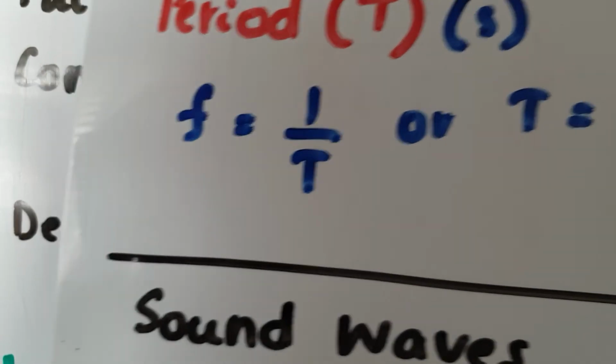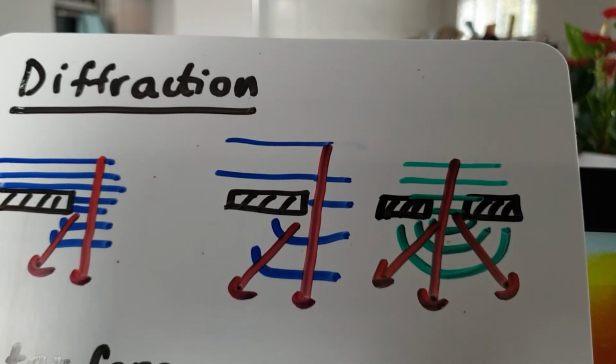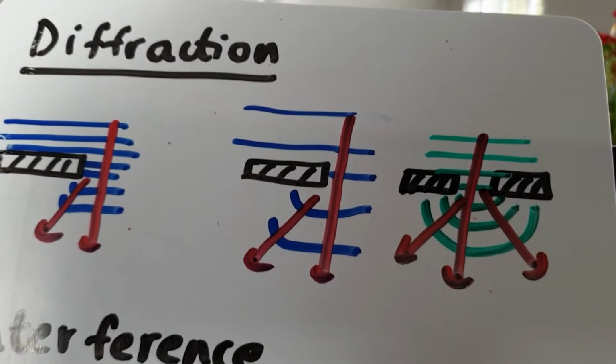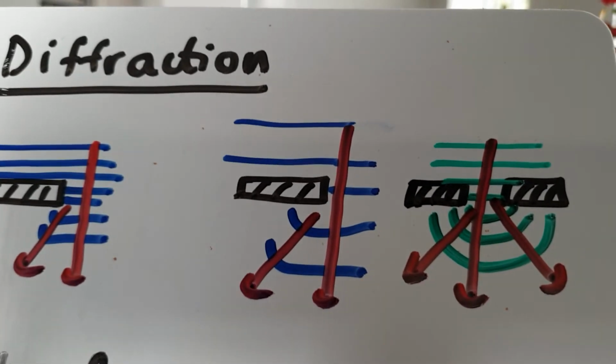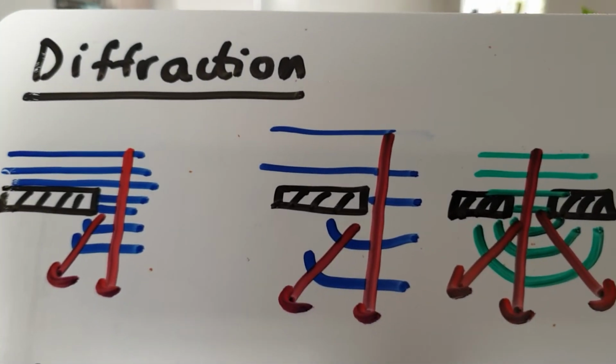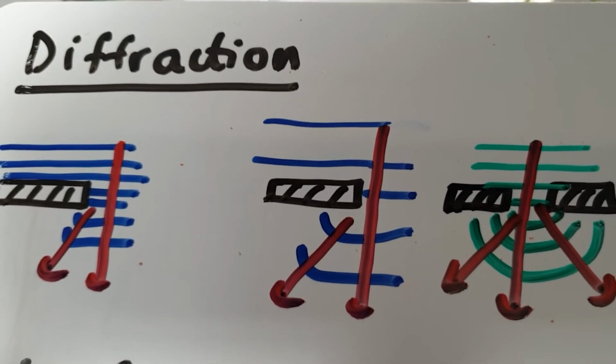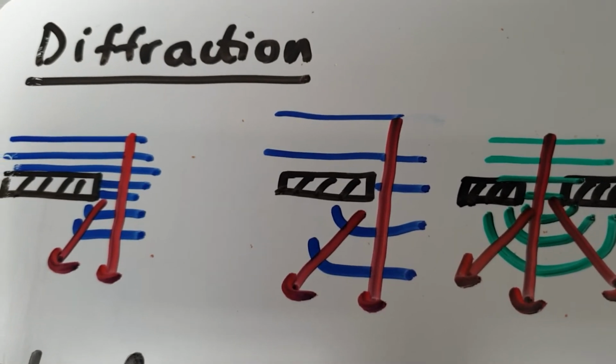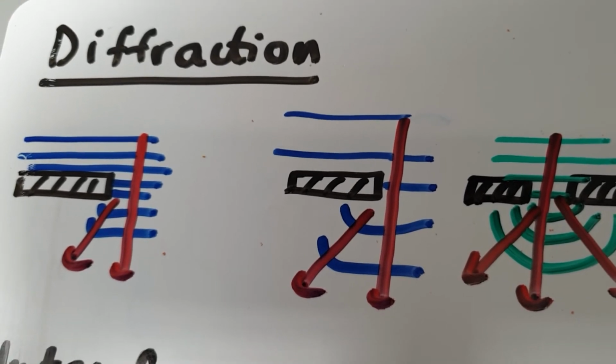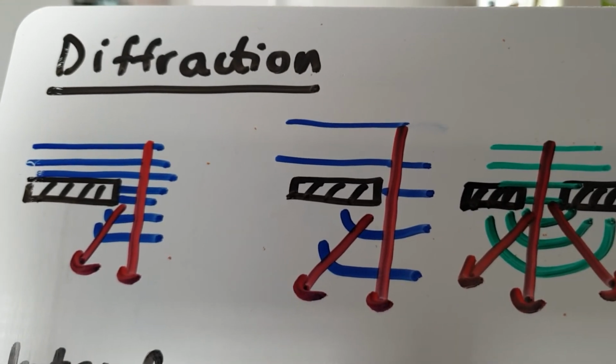The next thing we are coming to is the bending of waves, which is diffraction. We learned about this last year. If you're standing outside a room where people are talking, you may not be able to see them, but you can hear them.